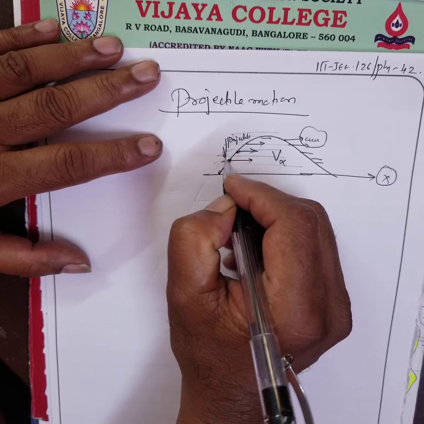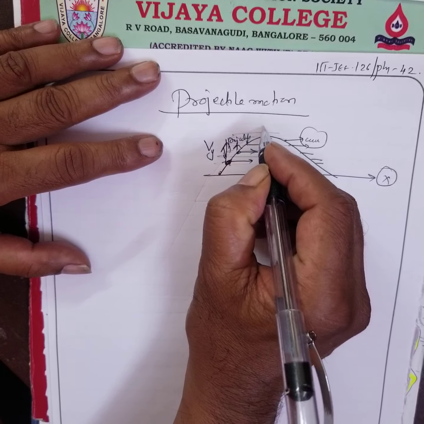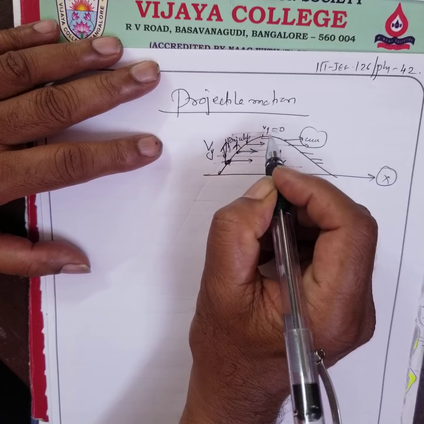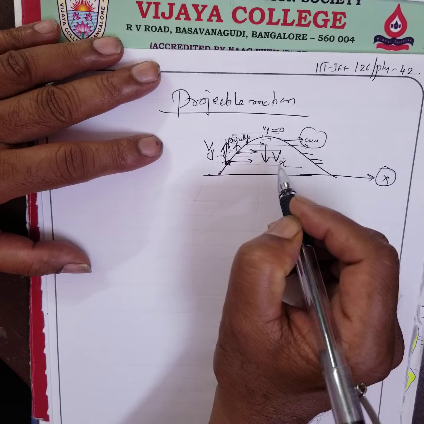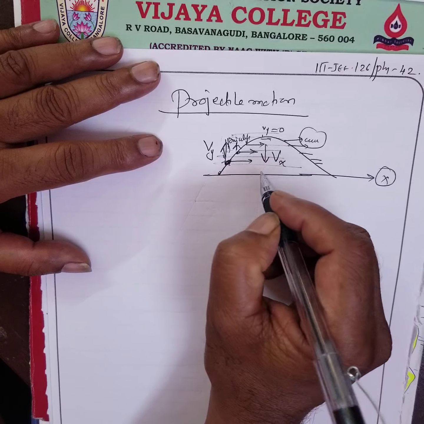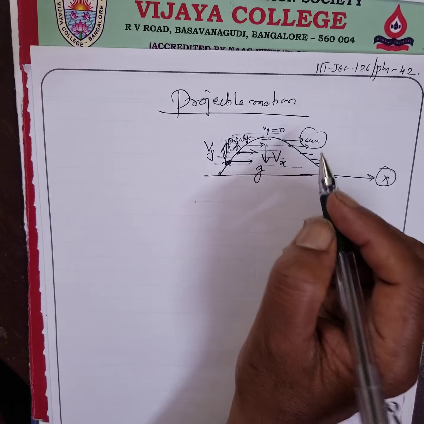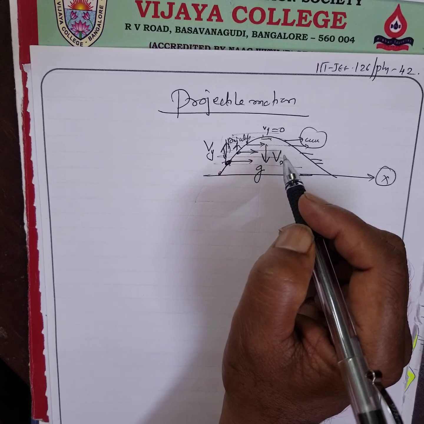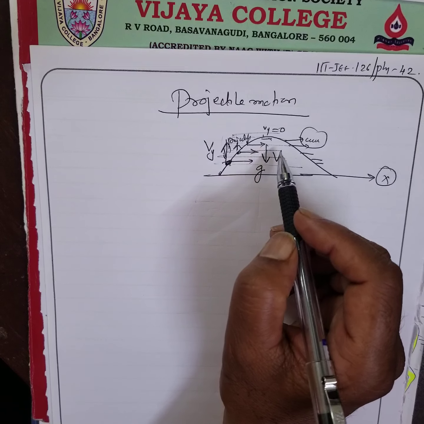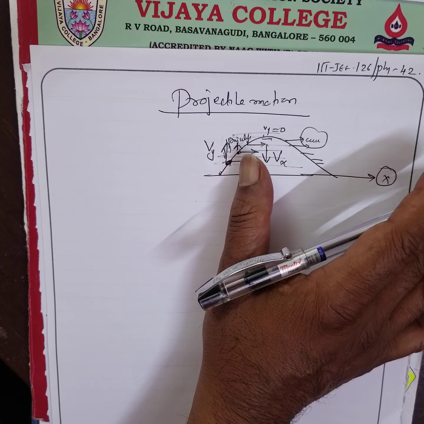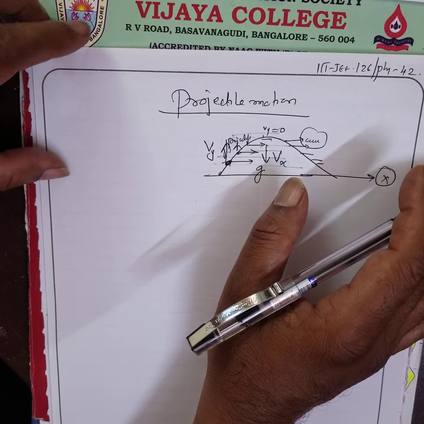But the vertical velocity gradually decreases and becomes zero here, at the maximum height, because the vertical velocity is affected by gravity. Throughout the motion, the projectile is subject to the force of gravity. The horizontal component of velocity remains constant, but the vertical component is subject to acceleration due to gravity.